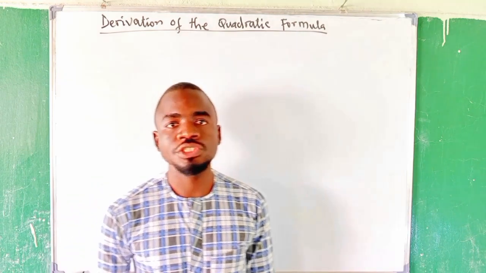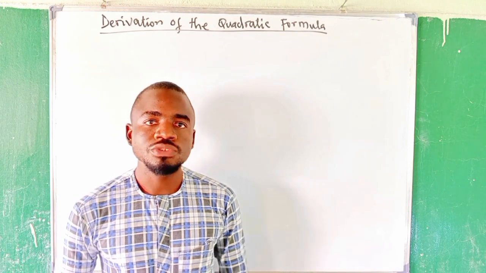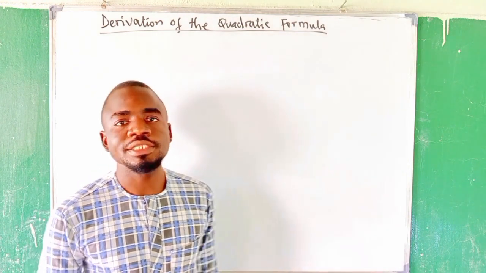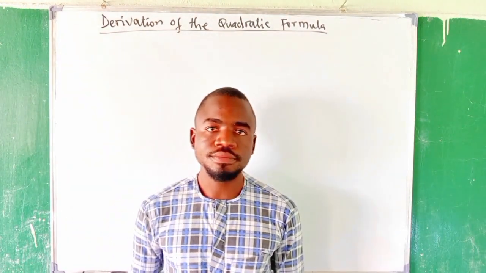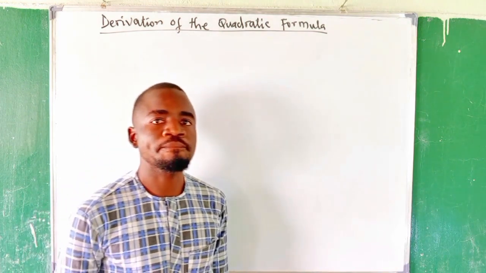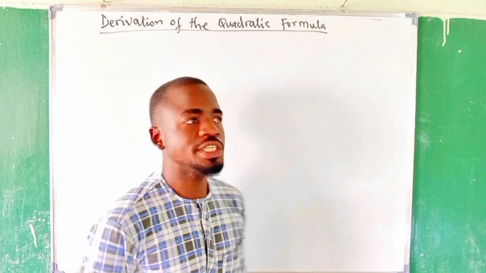So if you have not watched that video, I refer you to go back and watch solutions of quadratic equations using completing the square method for a better understanding of how to derive the quadratic formula using the completing the square method.